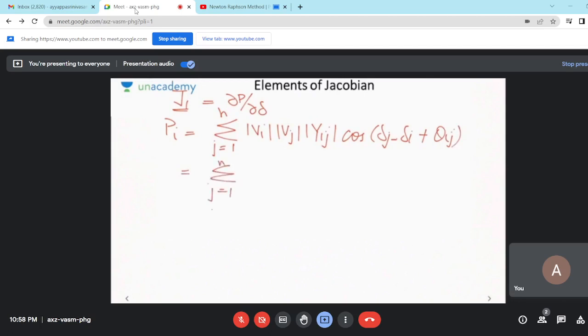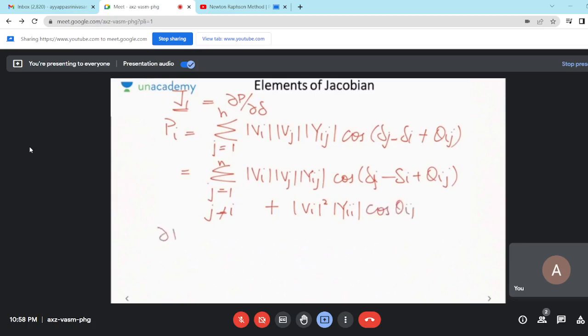J is equal to 1 to n, j is not equal to i, mod Vi mod Vj mod Yij cos of delta j minus delta i plus theta ij. And if i is equal to j, then the term would be mod Vi square Yii, as delta i and delta j will get cancelled out.